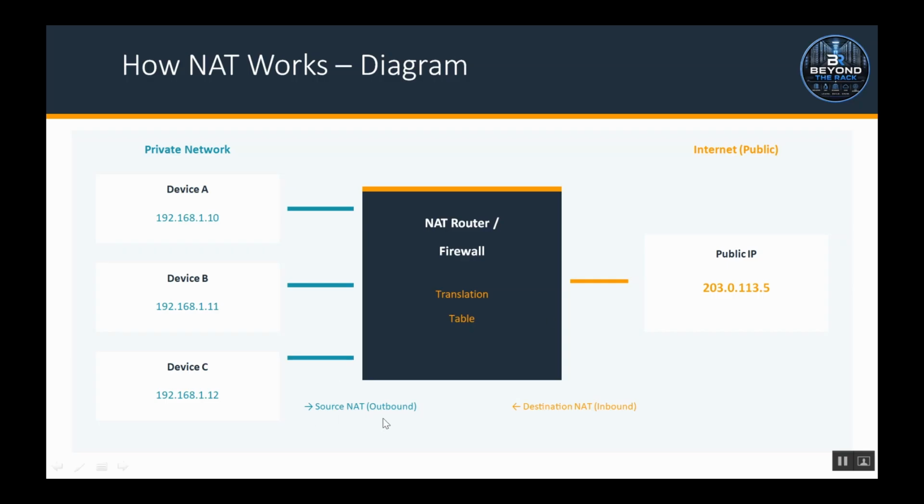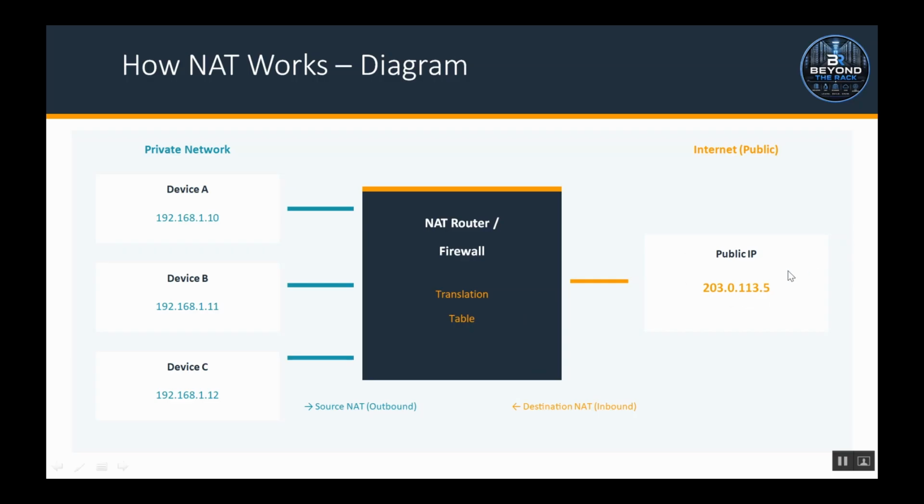Here you can see the source NAT. The source 192.168.1.10 is translated by the router or firewall, then goes out with the public IP address 203.0.113.5.